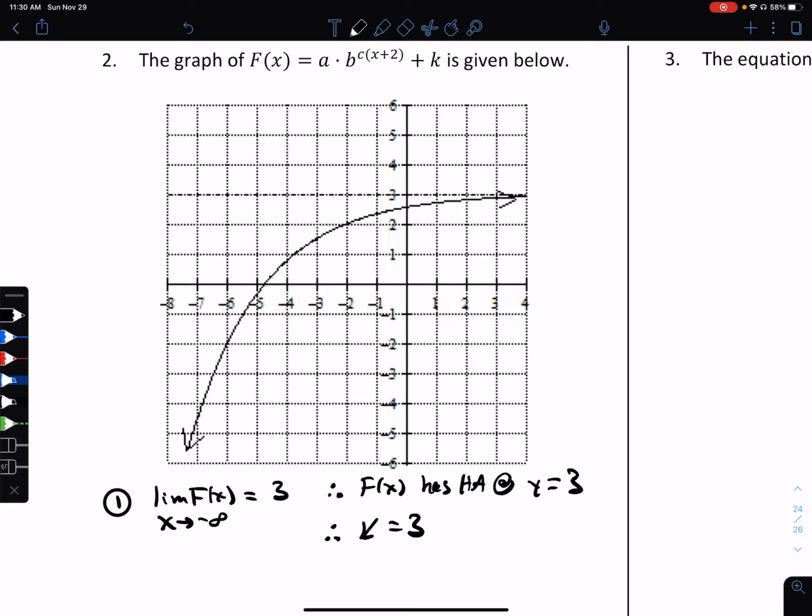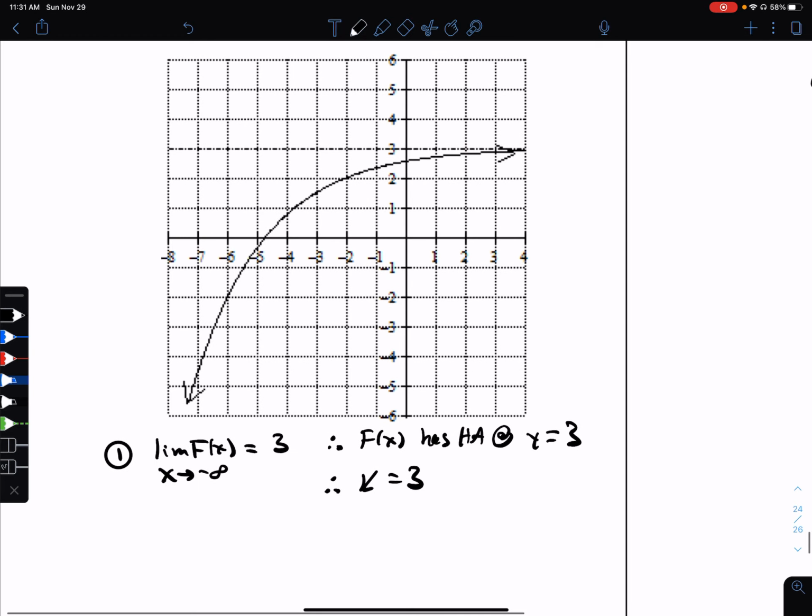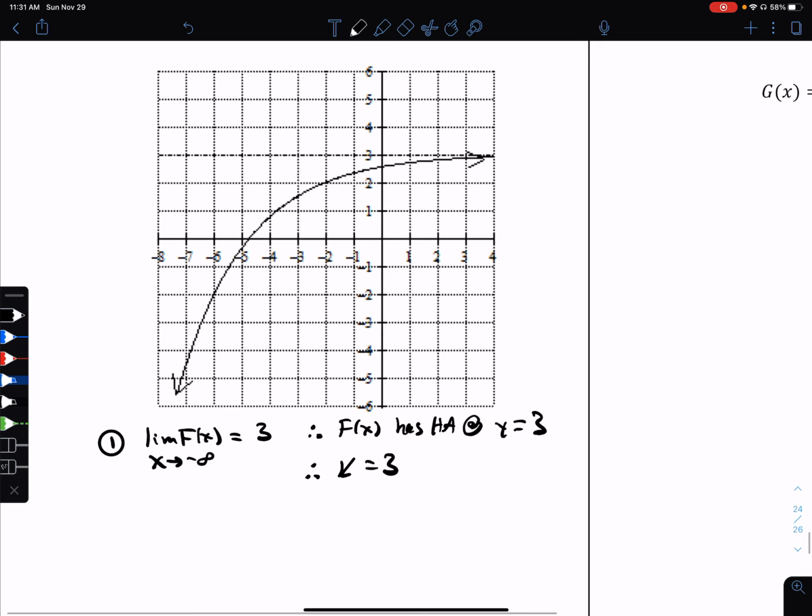Just looking at the curve, it is growing toward the horizontal asymptote. So f of x is going toward the horizontal asymptote.